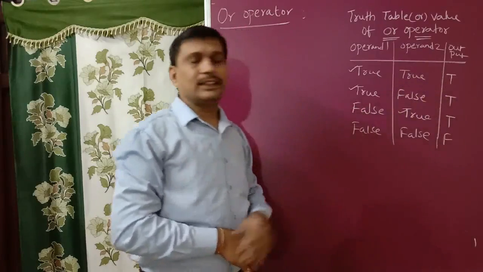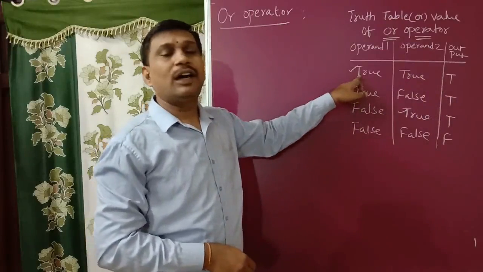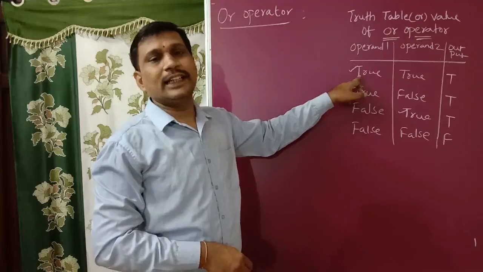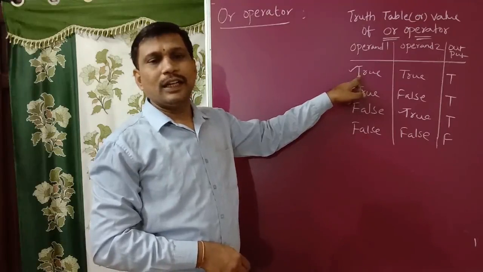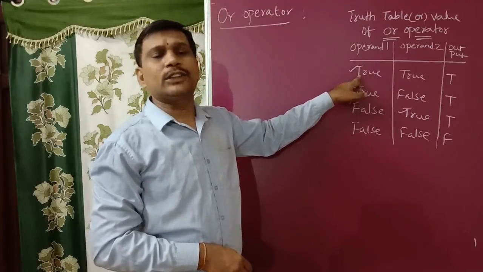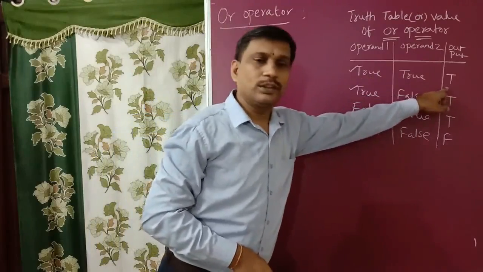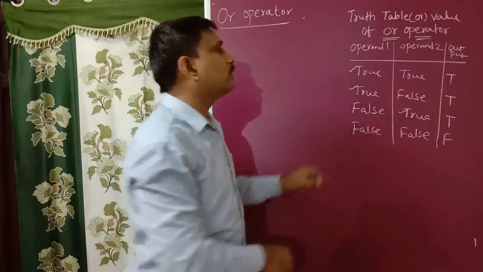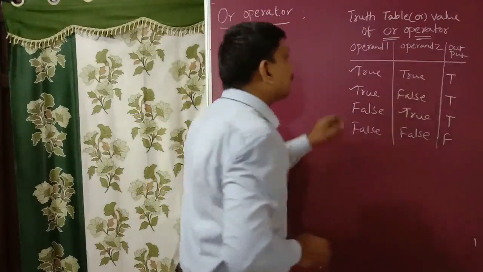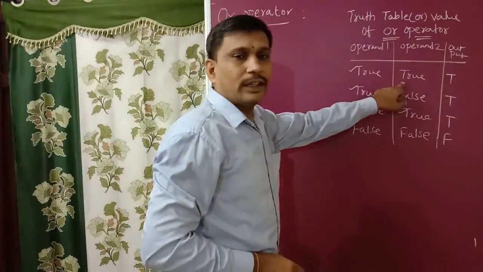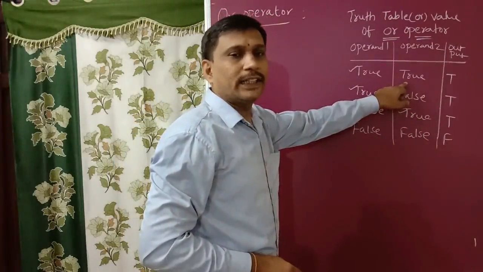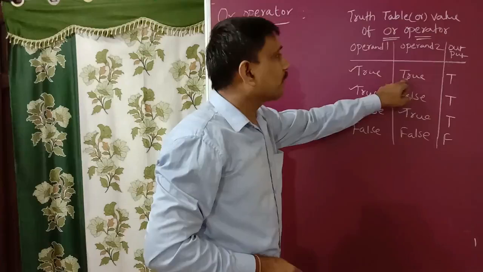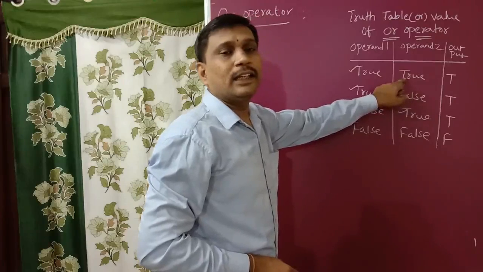In the or operator, if any one is true, the final output is true. That's why we decide without checking the value of the second operand.